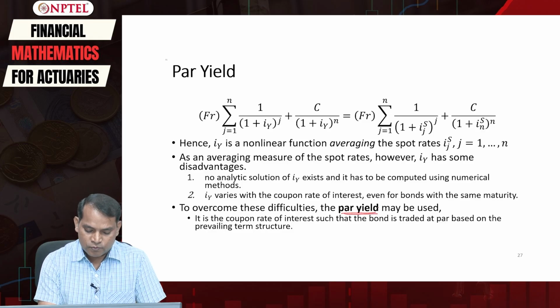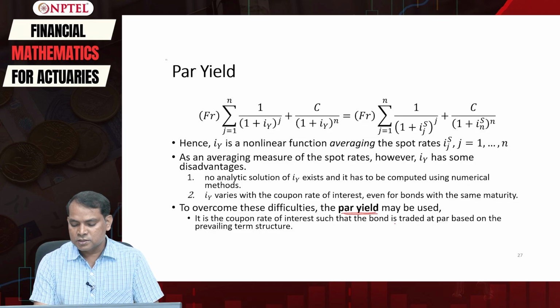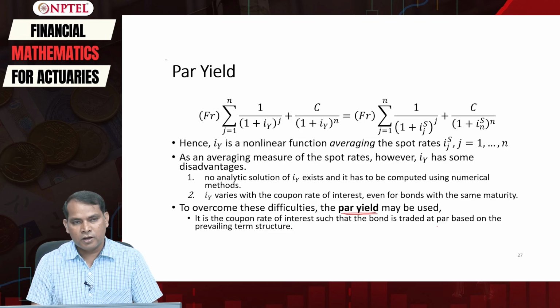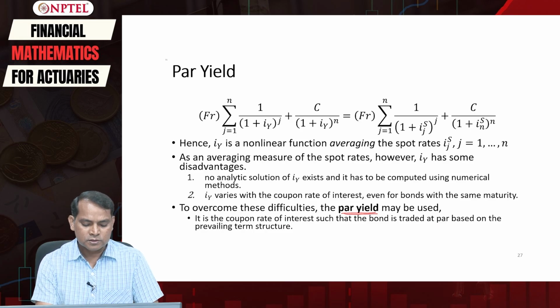It is the coupon rate of interest such that the bond is traded at par based on the prevailing term structure, that is, based on the prevailing term structure, the bond is sold at par.